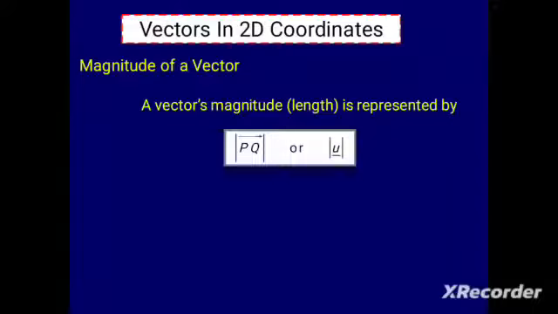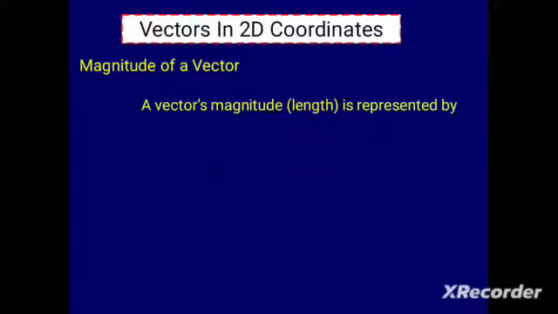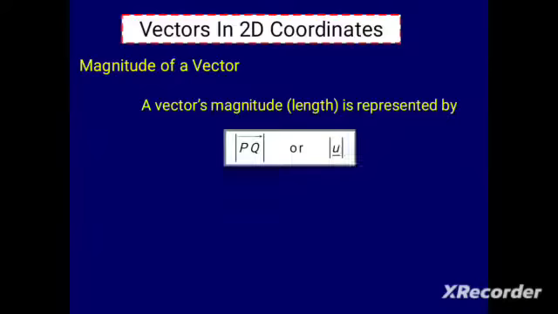Otherwise, without the side bars, it will still be vector PQ with the arrow. But when you introduce the side bars, then it is the magnitude of a vector. So we have the magnitude of vector PQ, or the magnitude of vector u, because we are getting this from our previous diagram.